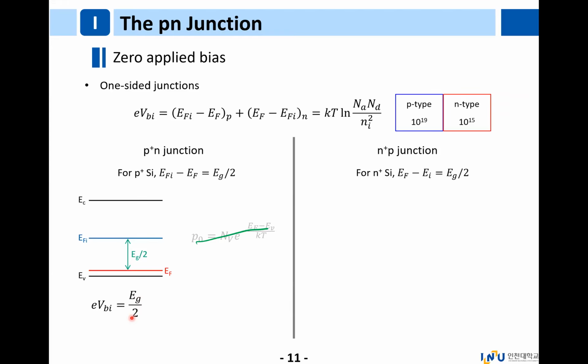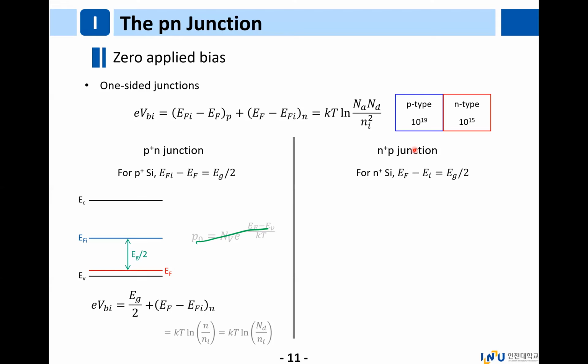So you can use the same approach on the n-type side. Similarly, for an N plus P junction where the n-type doping is highly degenerate, assume that the difference between the Fermi level and the intrinsic Fermi level is half the band gap. The rest of the calculation remains the same.